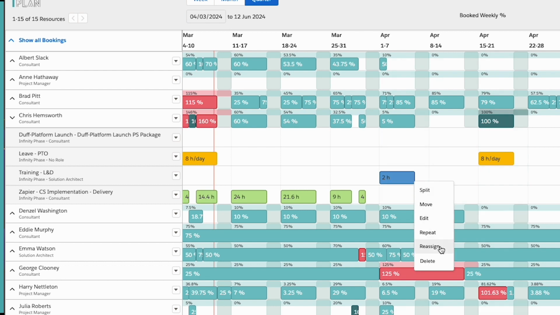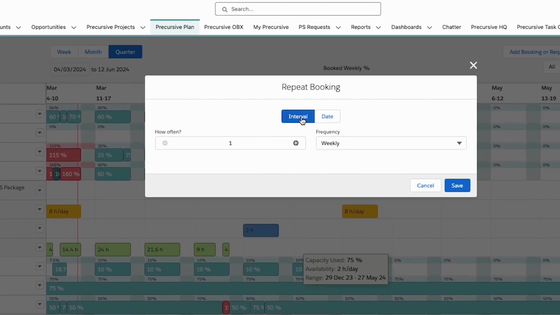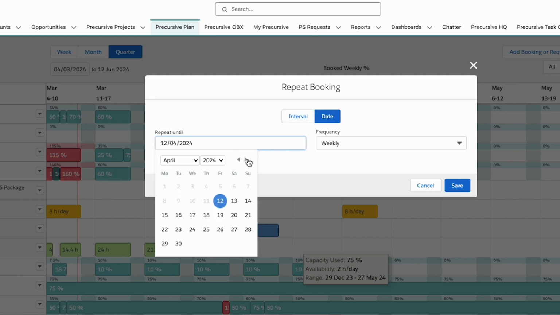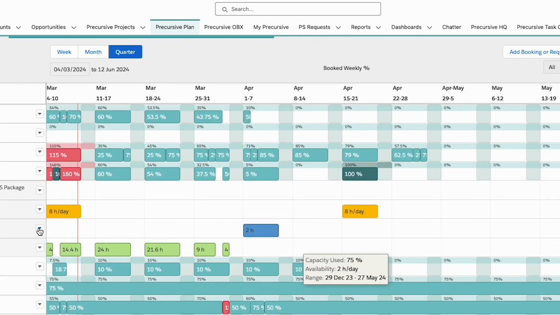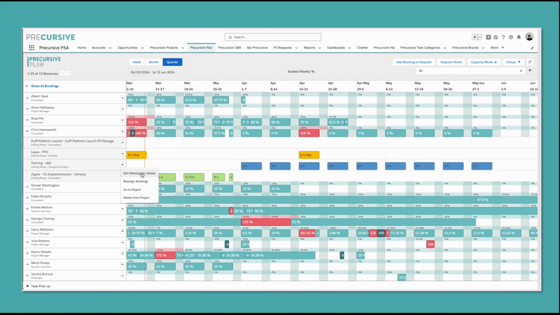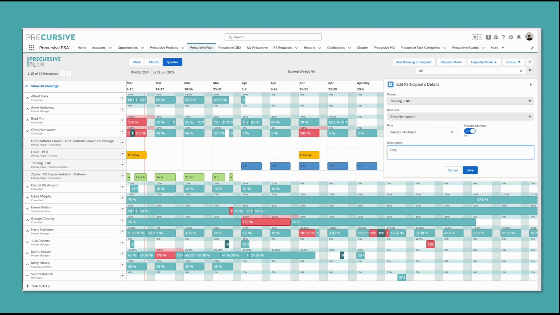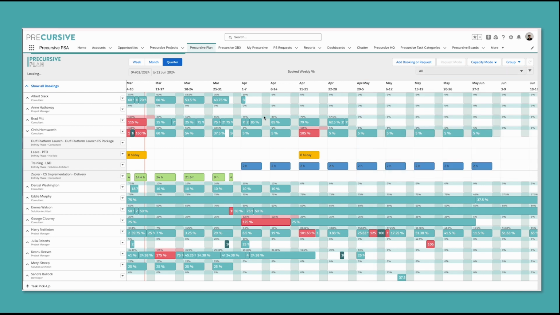We want to get him earmarked for that role. So I'll right click on this booking here, and I'm going to repeat that through till the end of May, for example. That should hopefully help, and then let's come in here and put in a note: upskilling for the managed services engagement. Cool.